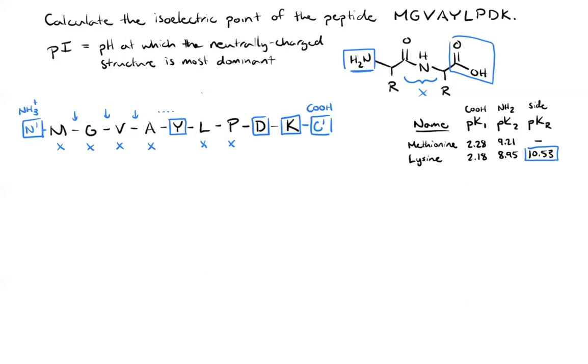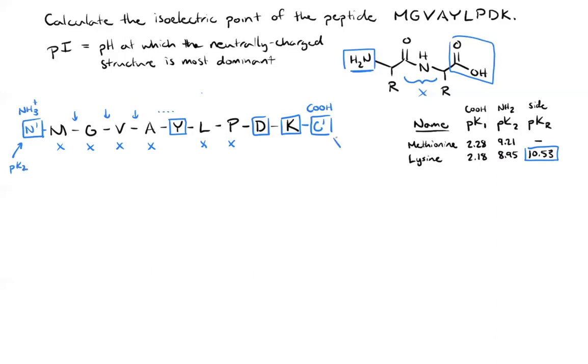So for starters, we've already highlighted that the N and C termini of this peptide have an amino group and a carboxyl group respectively. So I'm going to look in my table and get the exact values for the pKa's associated with that. For our amino terminus, this is going to be the pK2 value that we look up.